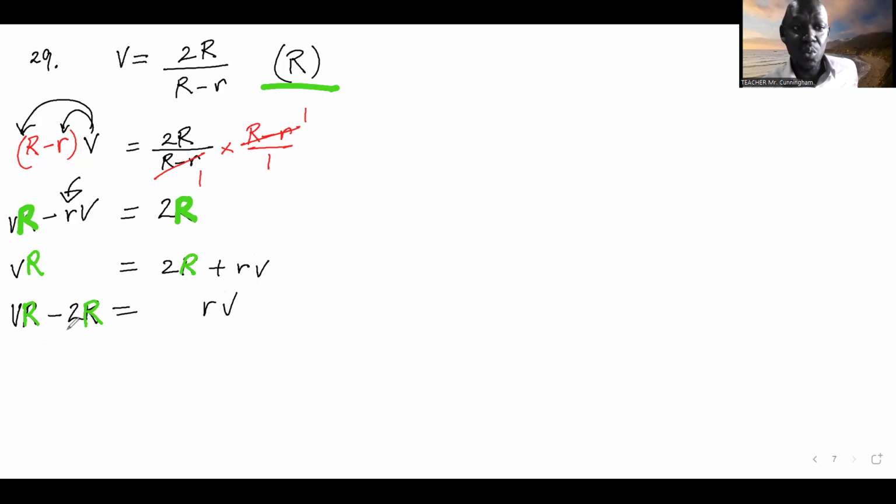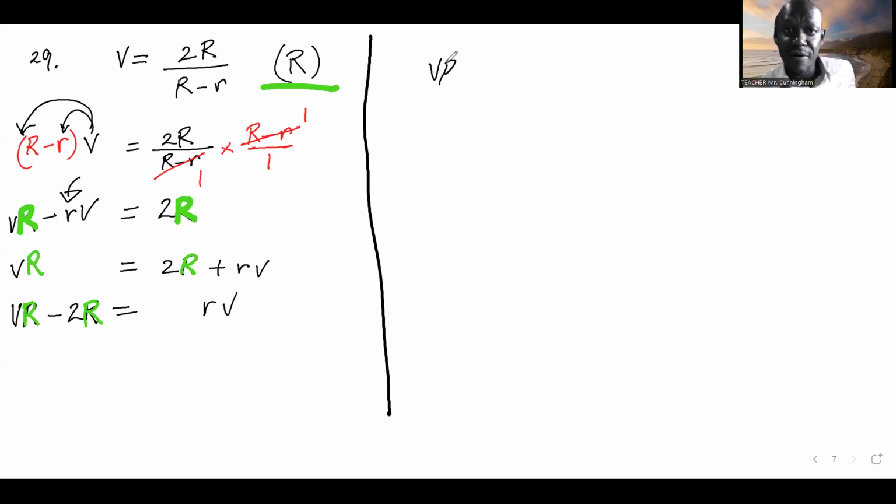So what is common? Because I want to factorize. So here what I'm going to do. So this is VR minus 2R equals RV. All right, so let me put them in green again. So everybody's seeing what I'm doing.